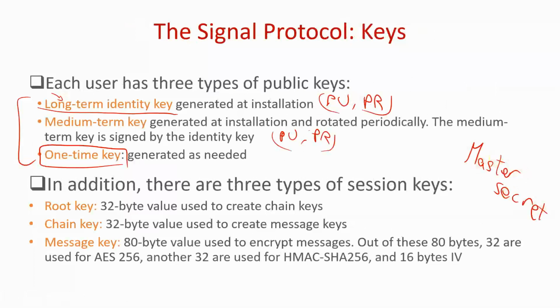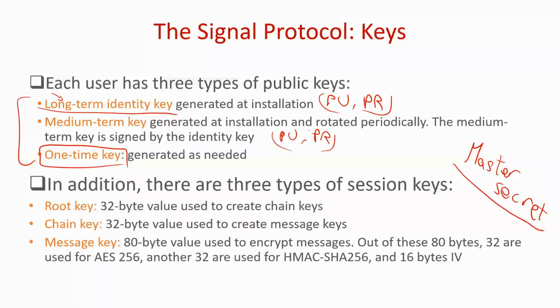You ask for the long-term identity key, the medium-term key, and one of the one-time keys that have been sent by that other client to the server. You get these three keys and you use them in addition to your private keys, according to a system very similar to Diffie-Hellman, to generate something called a master secret.